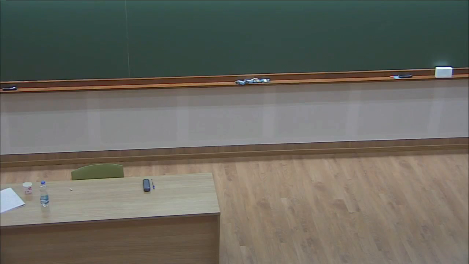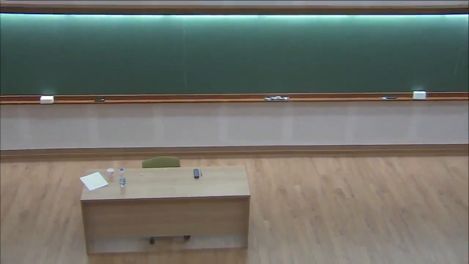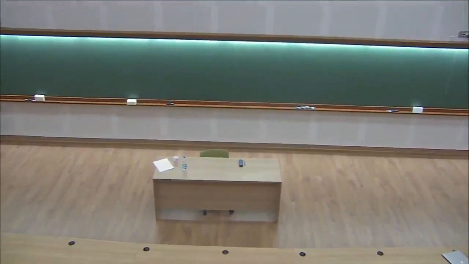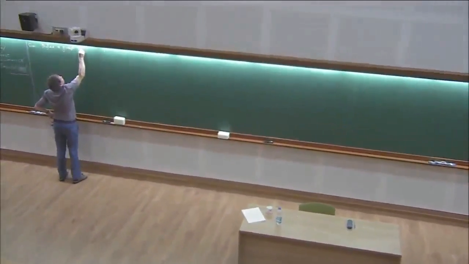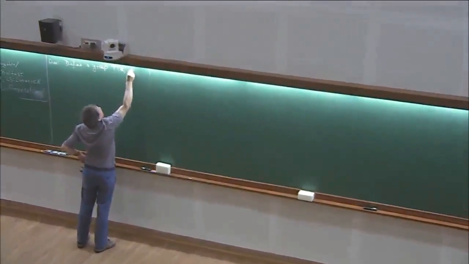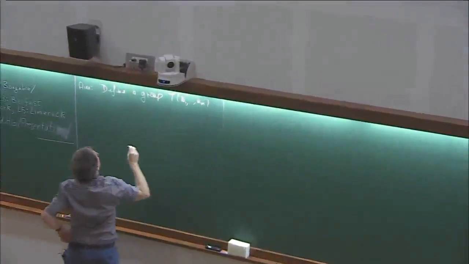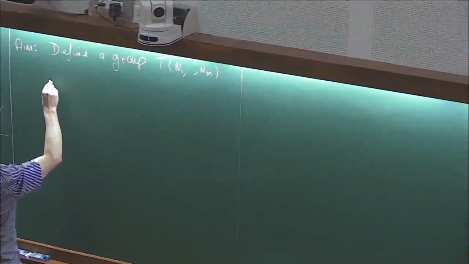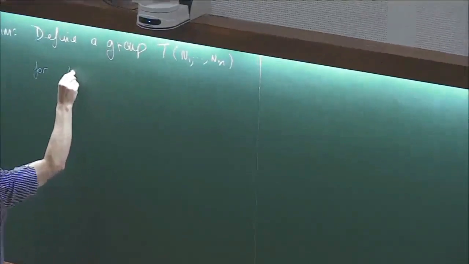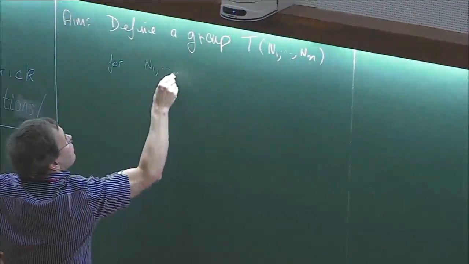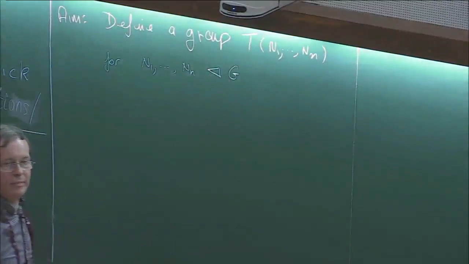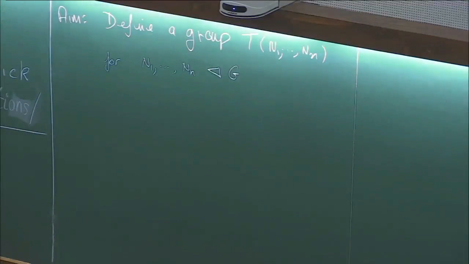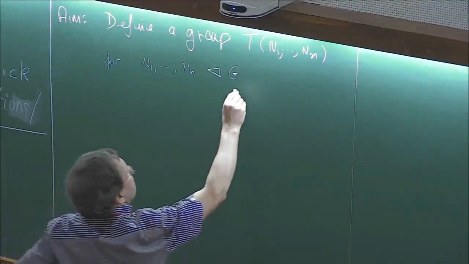Okay, so what I want to do is something very simple-minded. I want to simply define a group arising from n normal subgroups in some group G. Well, I want to define it and I want to give some motivation for why it may be interesting.